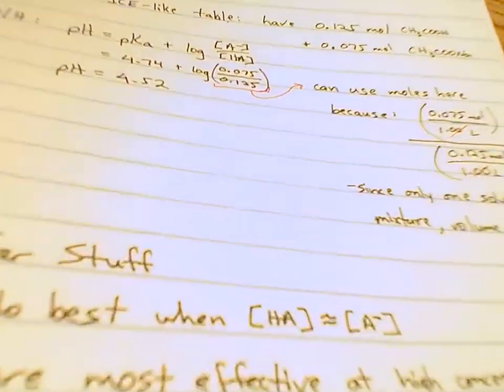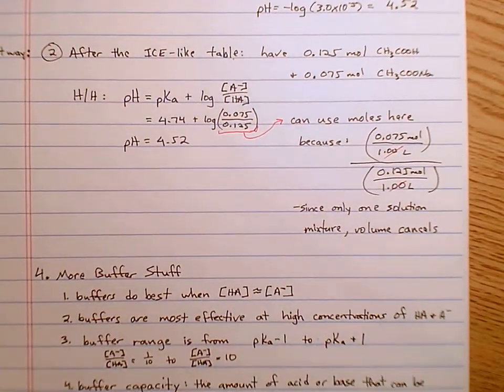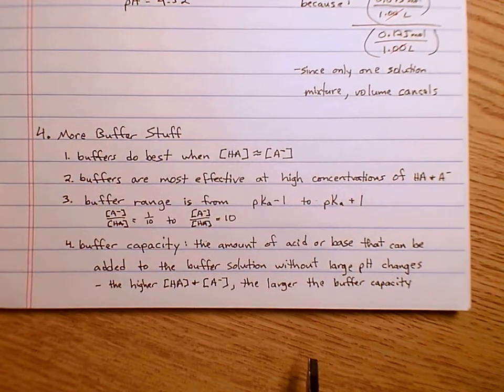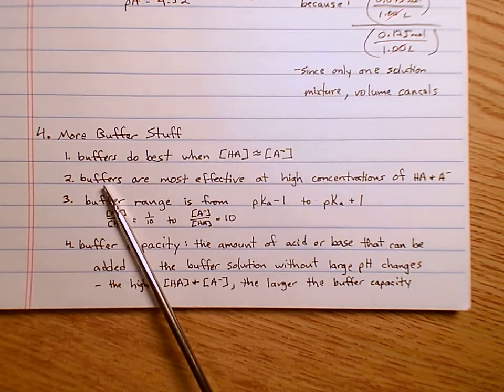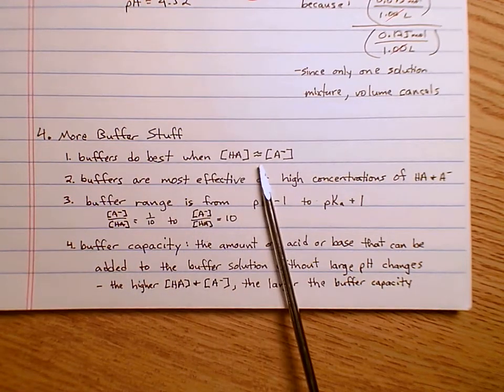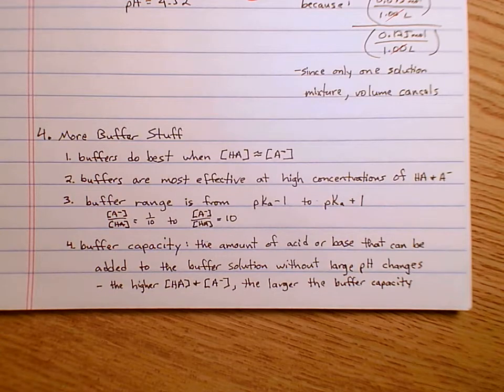Okay. Let's look at some more buffer stuff to finish out this section in this video. Here's the thing with buffers. They do their best when the concentration of HA is fairly close to the concentration of A minus.